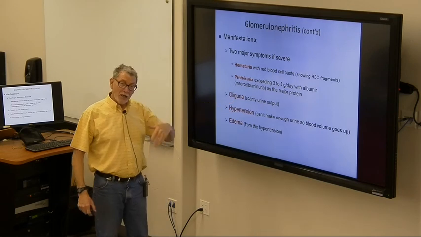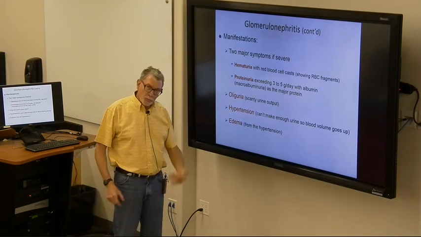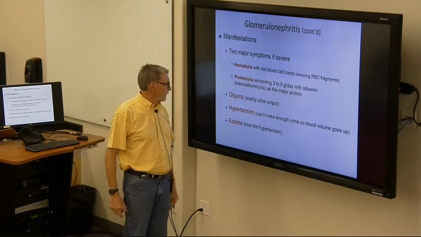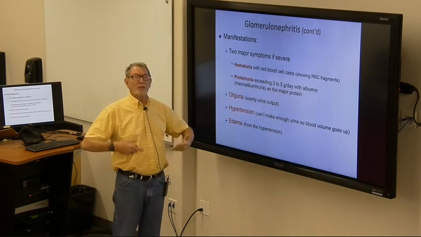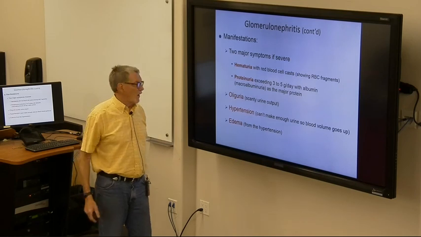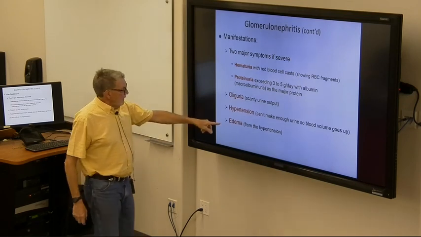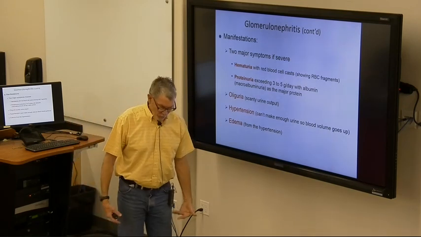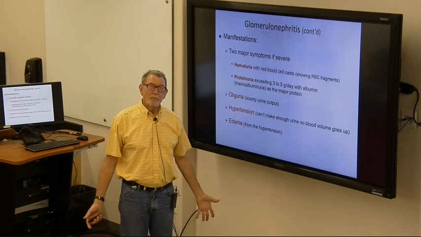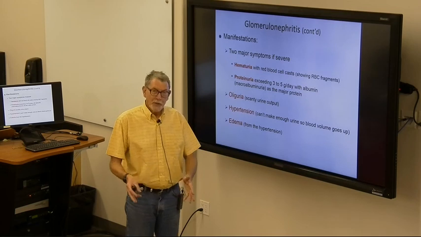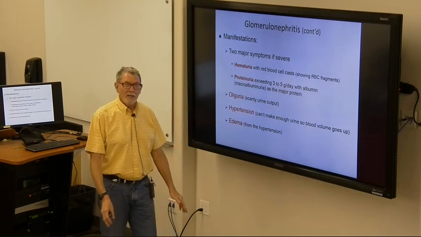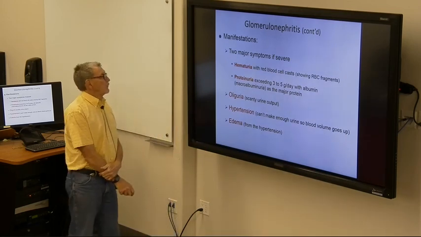Oliguria is not enough or scanty urine, so you're peeing less and less. Hypertension, because you're not getting rid of the fluid, it's staying in, and so your blood volume increases. And edema, especially peripheral in hands and feet, from the hypertension, which is now pushing fluid out of the capillaries into the interstitial fluid.